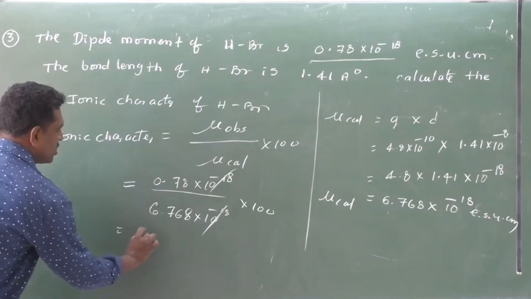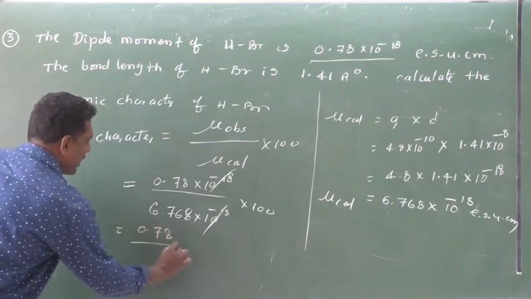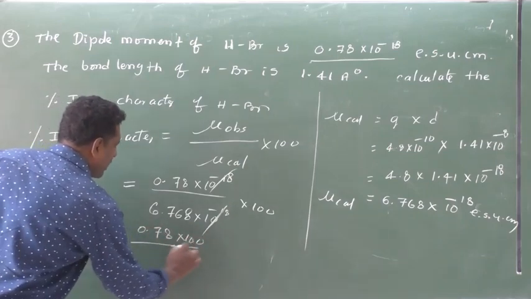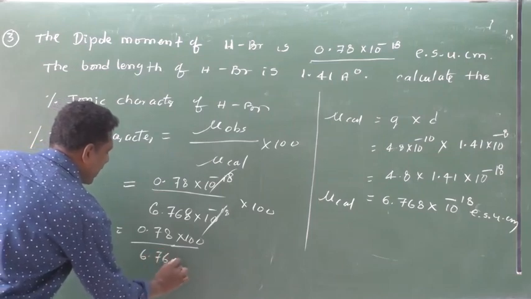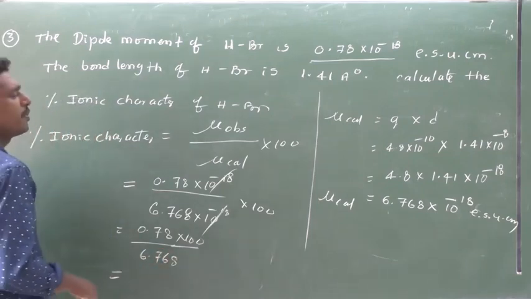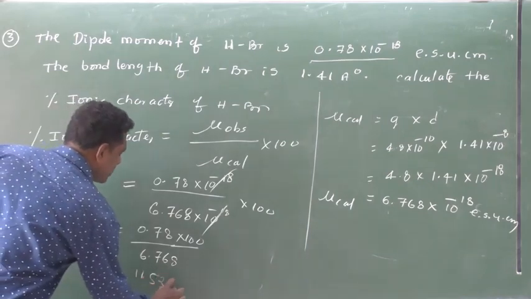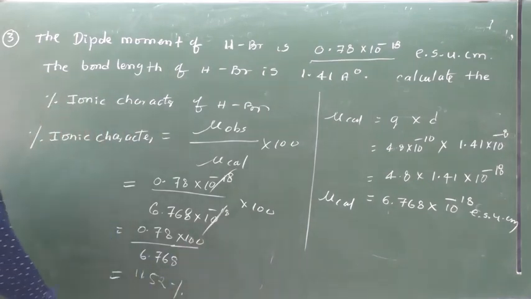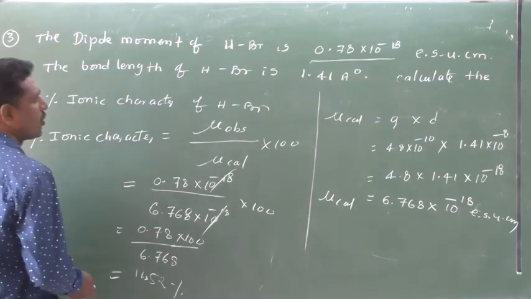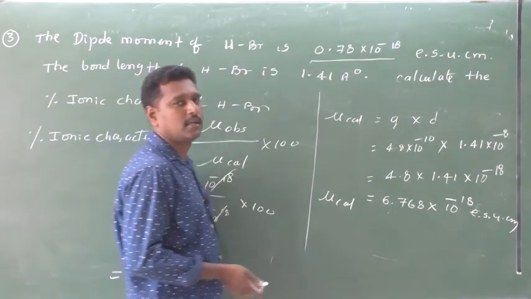So 0.78 into 100 by 6.768. We simply get 11.52 percentage. So 11 point something percentage ionic character, and the remaining is covalent character.